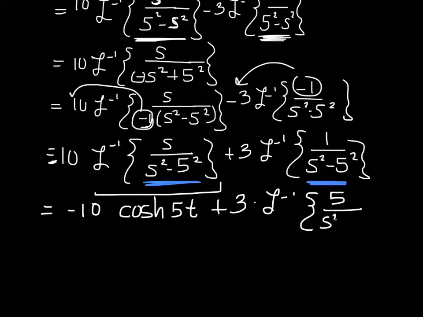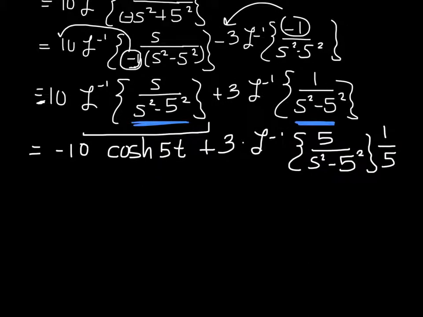So I have s squared minus 5 squared, and then I multiply by a 5th, or divide by a 5th. Now, I want you to see that I didn't really change anything, because I multiplied 5 over 5, I multiplied by 1. So that doesn't change the value of this expression.